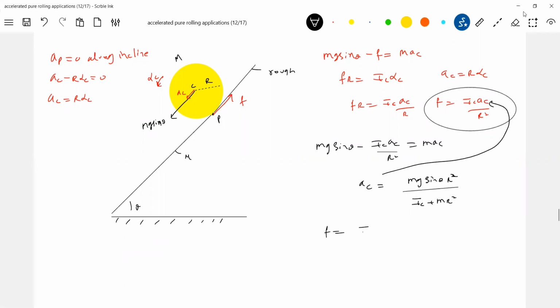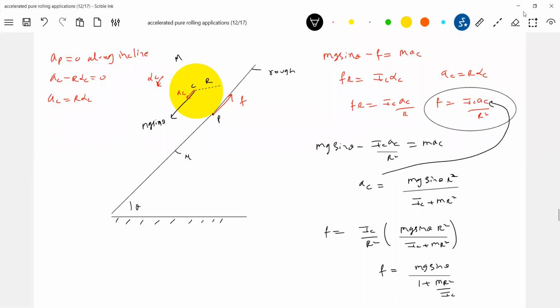It will be IC by R square times mg sine theta R square by IC plus mR square. What gets eliminated? mg sine theta R square gets eliminated, so F is mg sine theta over 1 plus mR square by IC. This is something very important.